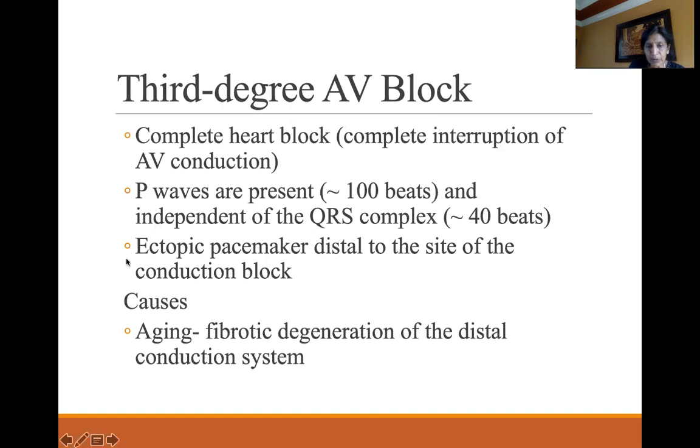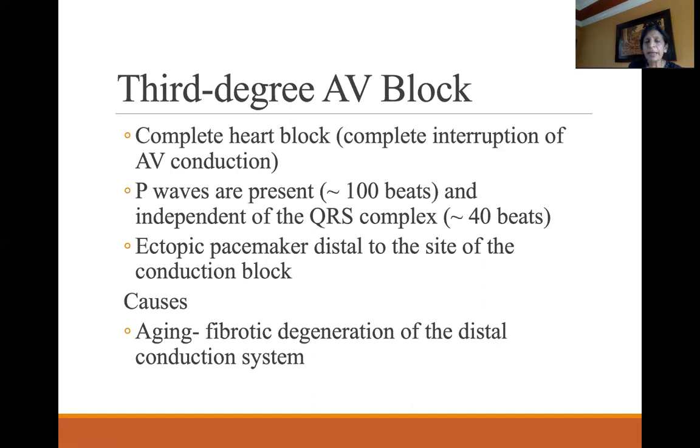So what you think could be happening here is an ectopic pacemaker distal to the site of the conduction block. Okay, so that's the one that's causing this QRS complex. All right, so the block is usually around the AV node.